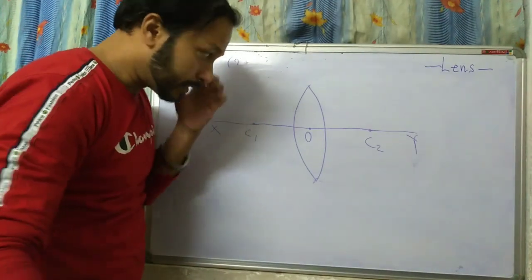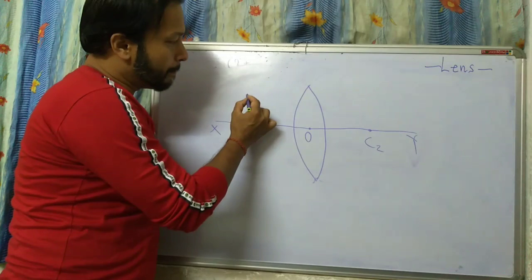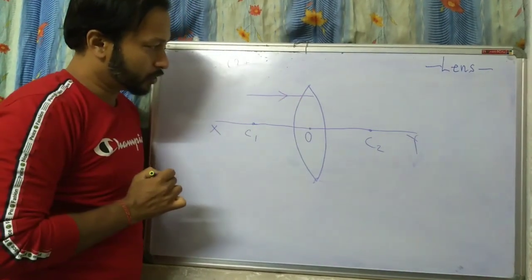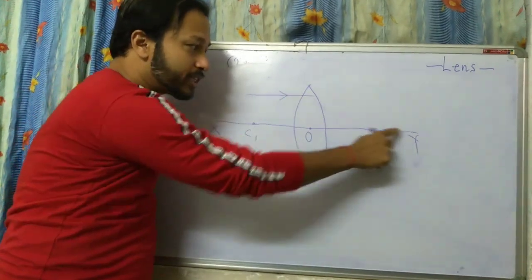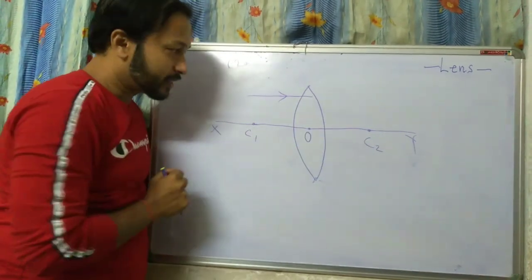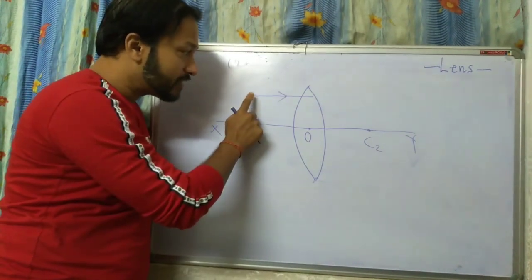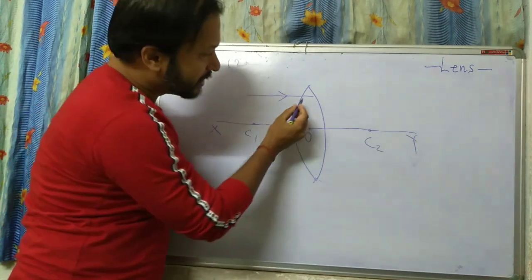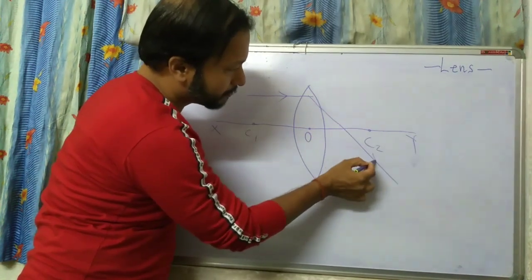Now, next thing is, if you pass a ray of light, the path of this ray of light is parallel to this principal axis. The condition is the path of this ray is parallel to principal axis. In that condition, you will see that this ray is going through this direction.